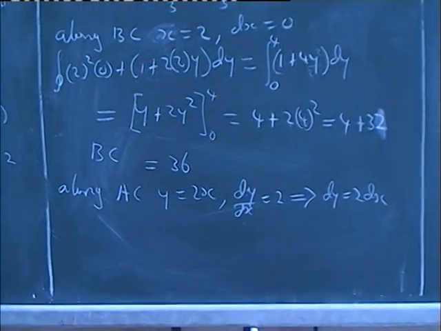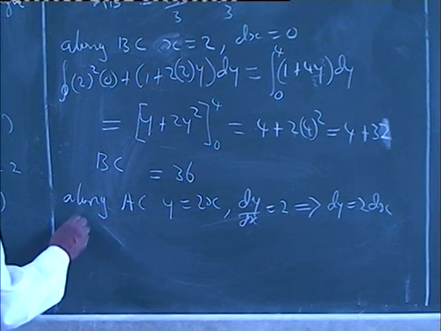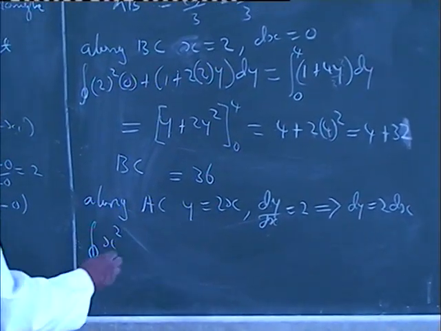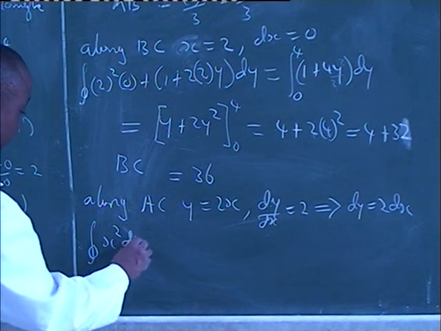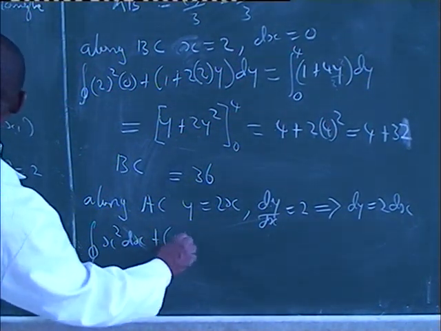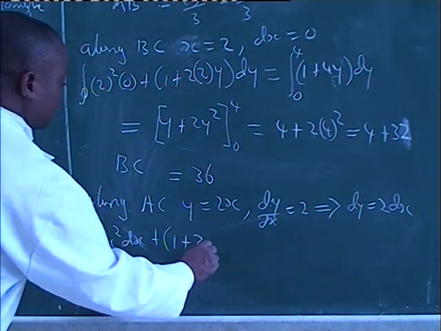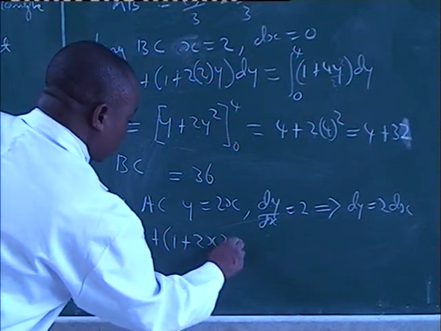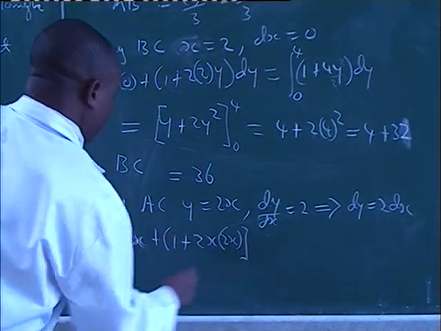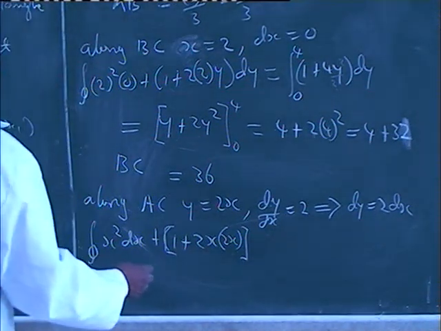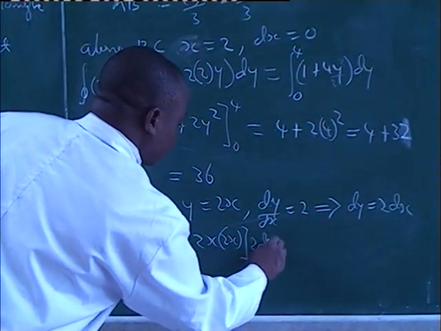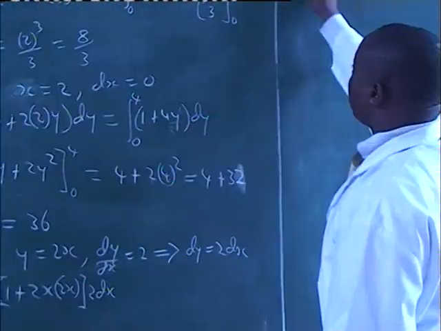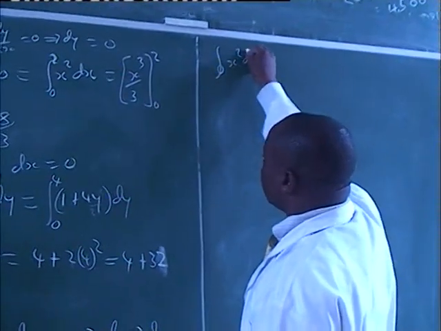We know that from the given equation, we will have the integral over the closed curve of x squared dx plus 1 plus 2x, then y, and y in this context is 2x. So we have 2x, dy is 2 dx.